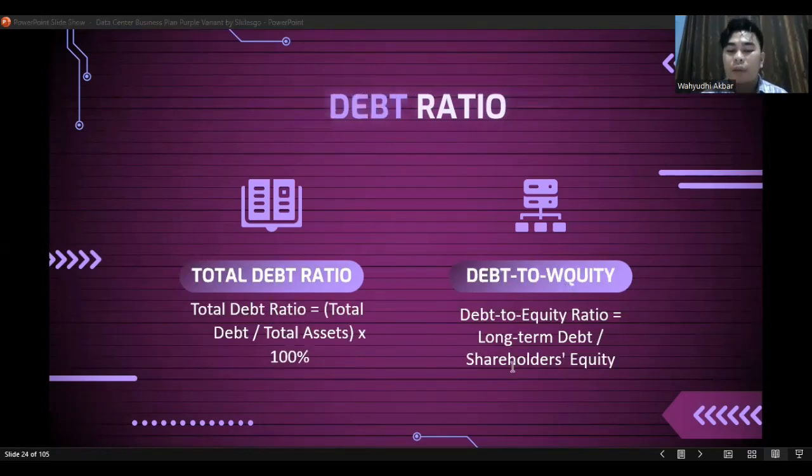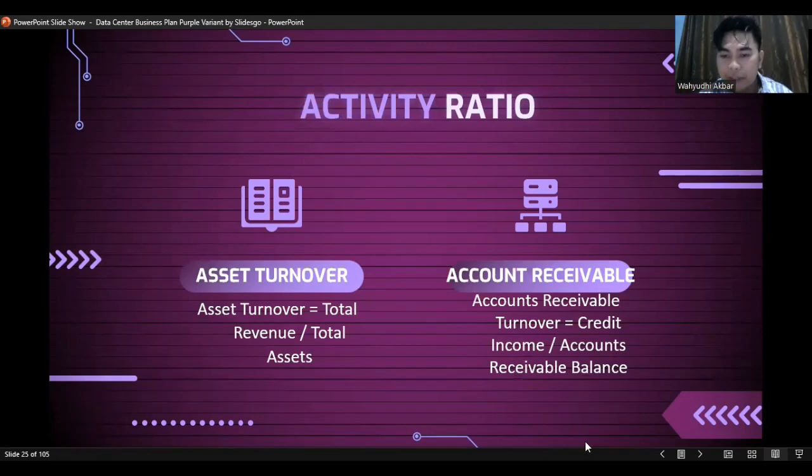For debt ratio, we have two formulas. The first one, total debt ratio equals total debt divided by total assets times 100%. The second one, we have debt to equity ratio. Debt to equity ratio equals long-term debt divided by shareholders' equity.